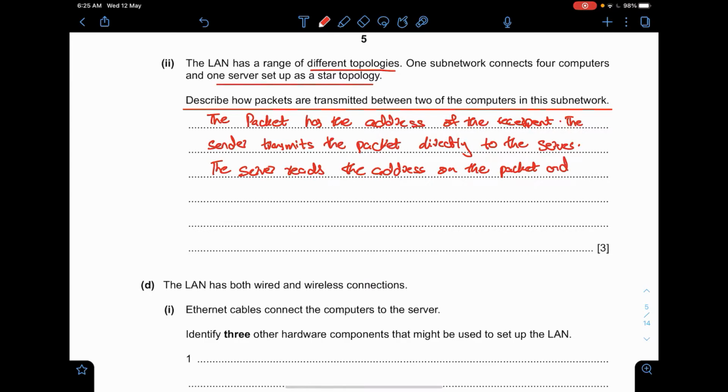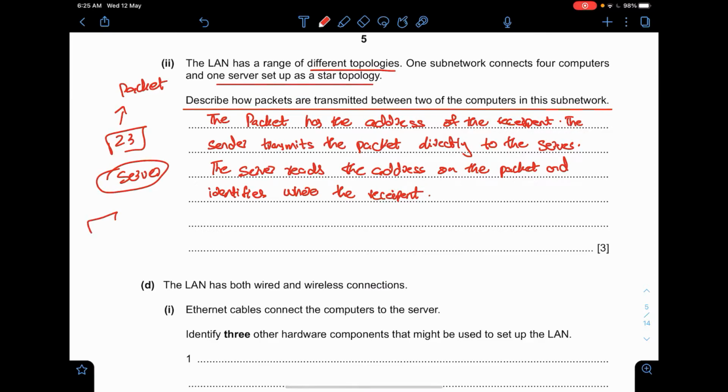It identifies where the recipient is. So take, for example, you have the address 23 on this packet. This is your packet, here your server is, and you have multiple computers, 24, 23, 22.